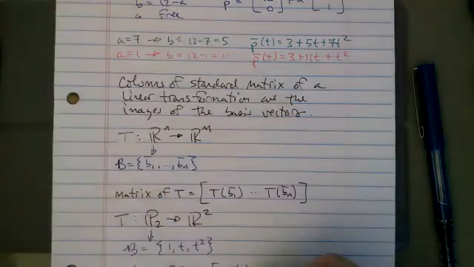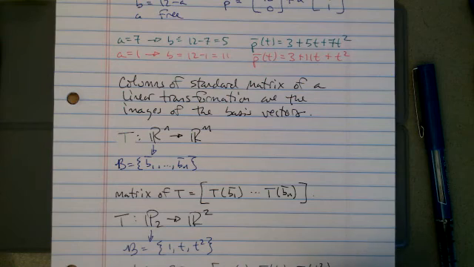Oops, not commas, these are columns. And then the image of t, and then the image of t squared. Because the images of the basis vectors are the columns of the standard matrix.